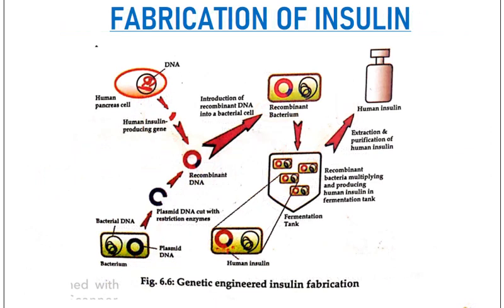Last application is the fabrication of insulin. So like the hepatitis B vaccine, here also in the fabrication of insulin there are some steps. There are 6 steps involved.